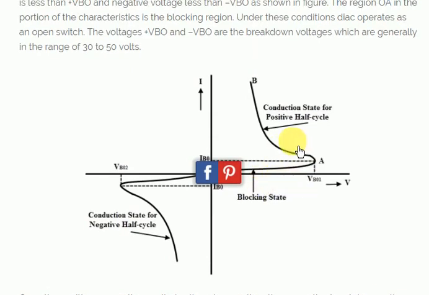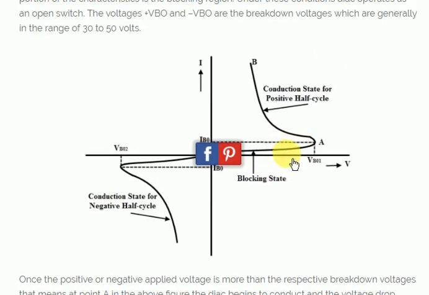And this is the voltage where the diac starts conducting, and this origin O and this is A, the graph is like this.